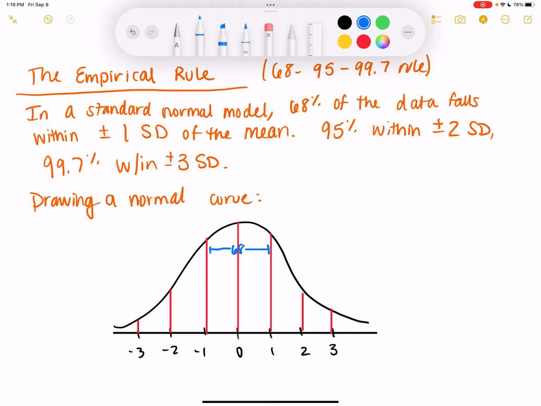Two standard deviations away is 95%. And then 3 standard deviations away is the 99.7%. Oops, I definitely didn't draw that far enough. All the way over. There we go.